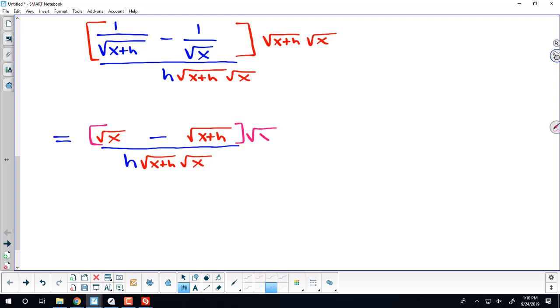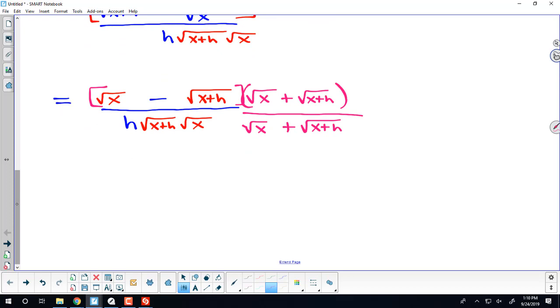So we're going to multiply all of this by root x plus root x plus h. And in all honesty, it's probably easier to do one of the two formulas from 3.1 to find the derivative at a point, but here we are.